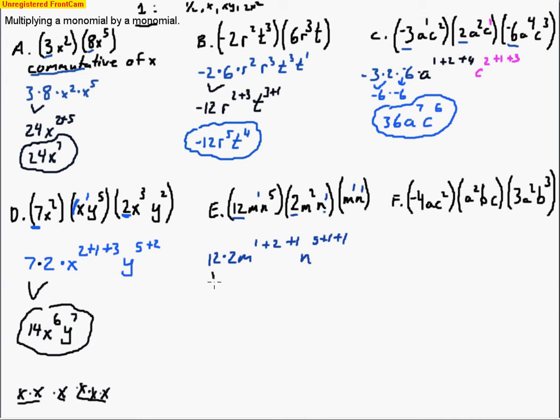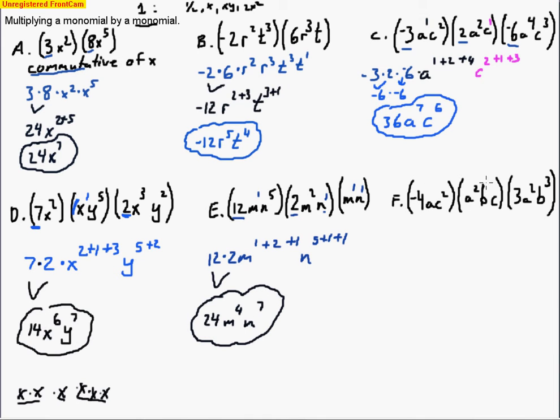Multiply the coefficients. 12 and 2 make 24. You count up the m's, you got 1 and 2 make 3, plus 1 makes 4. So m to the 4th power. Count up the n's. We got 5 n's, 1 makes 6, and 1 makes 7. So there it is, 24 m to the 4th, n to the 7th.